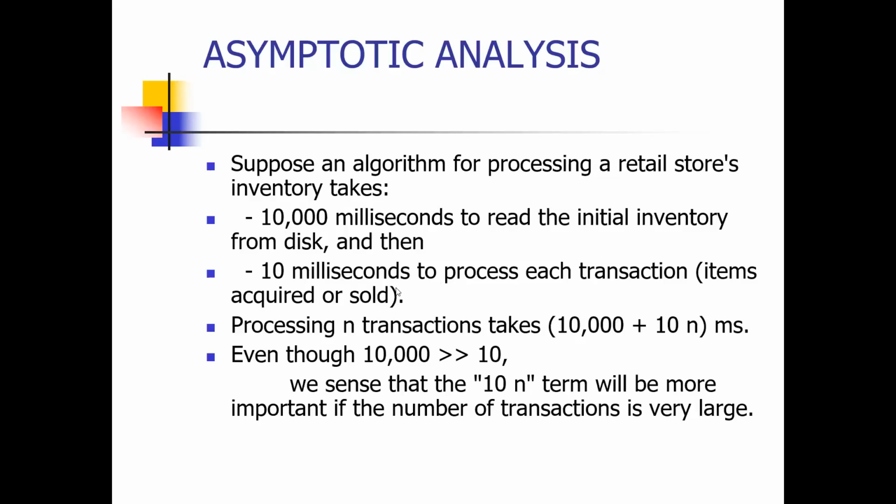A transaction is a sale, when you sell something or you buy something, right? Processing n transactions will take 10,000 plus 10 times n milliseconds. So even though 10,000 is much, much greater than 10, we sense that the 10n term will be more important if the number of transactions is very large. Because if the number of transactions is small, then this is more important. But let's say we want to process 100,000 transactions. When you multiply that by 10, you'll get 10 million.